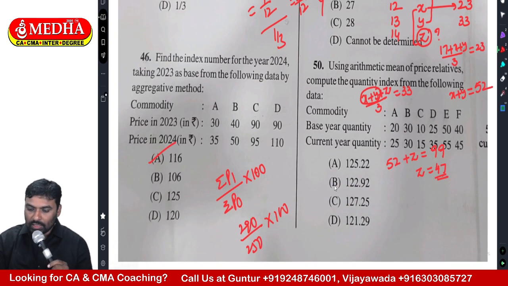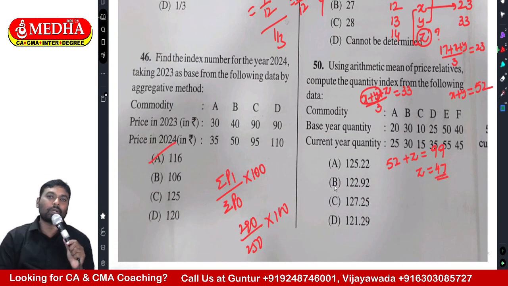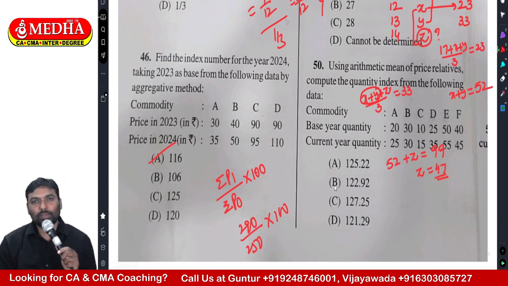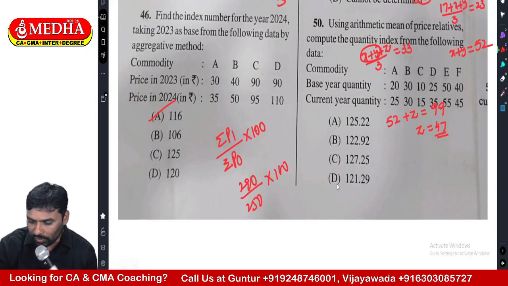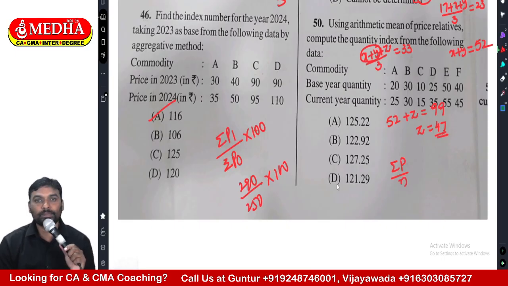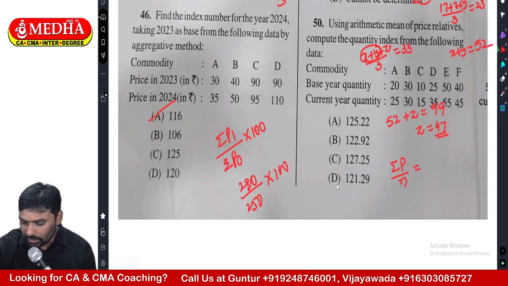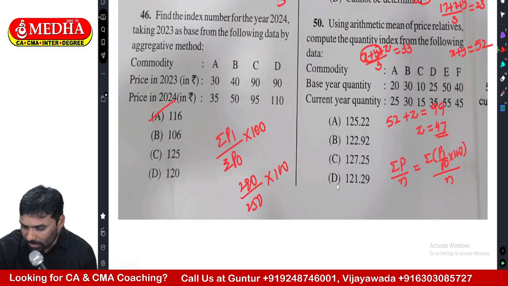Then the last one is simple average of price relatives using arithmetic mean. Simple average of price relatives using arithmetic mean formula is summation p divided by n, or it can be written as summation of p1 by p0 into 100 divided by n.